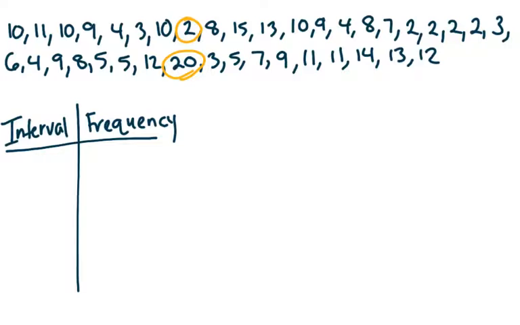So I'm going to go from 1 to 4, which is 1, 2, 3, 4. 4 numbers in my interval.